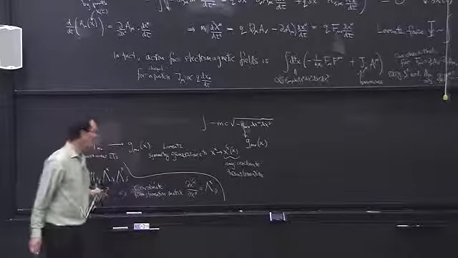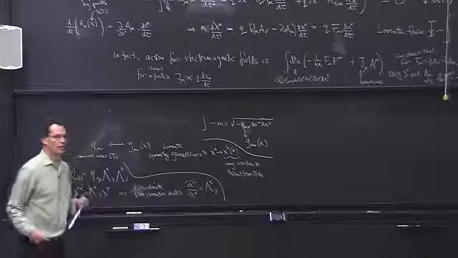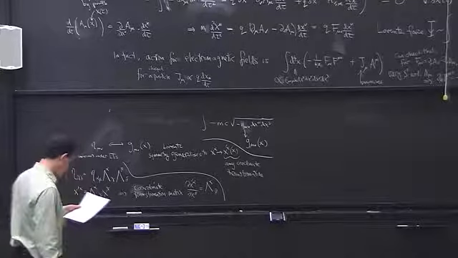Okay, so that is called a general coordinate transformation, and Lorentz transformations are just the special case where those transformations are linear in x.